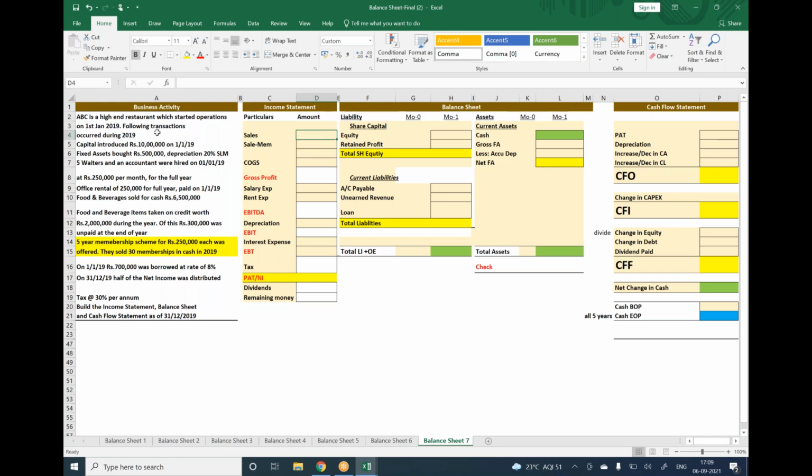Please help me out. ABC is a high-end restaurant which started operation on 1st Jan 2019. The following transactions occurred in the year 2019. Capital was introduced, 10 lakhs on 1/1/19. I think everybody knows this. Your equity is 10 lakhs.